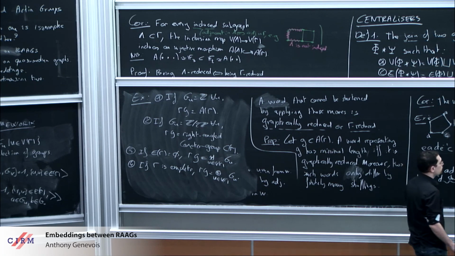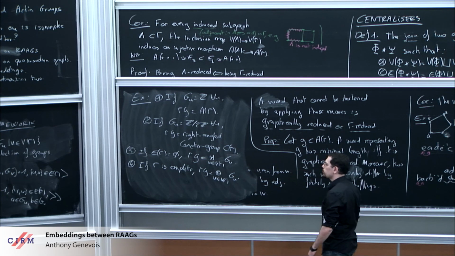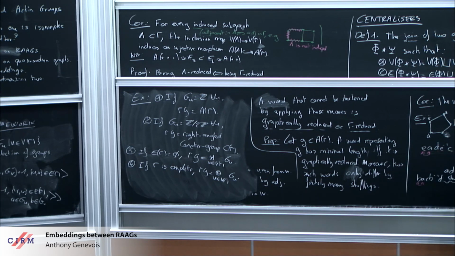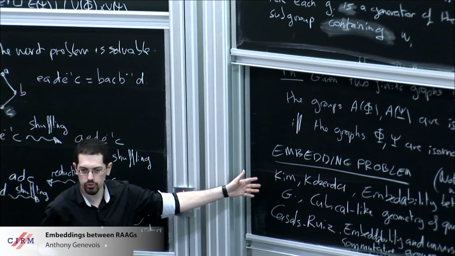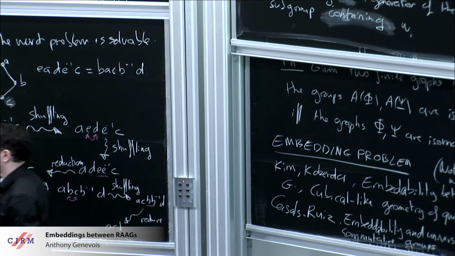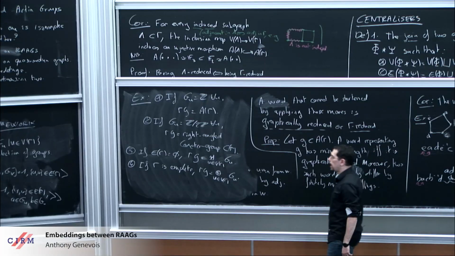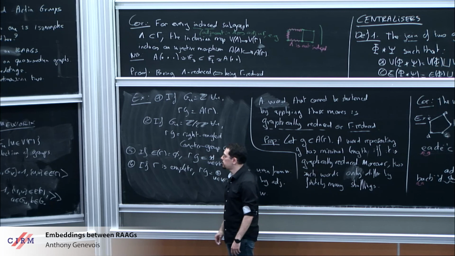And what I will explain in the next lectures about embedding problems, actually all the quasi-median geometry and all the embeddings that we construct, it's possible to do the same thing for graph products. Maybe with some assumptions, but in more general frameworks than just right-angle Artin groups. Okay, it's possible.